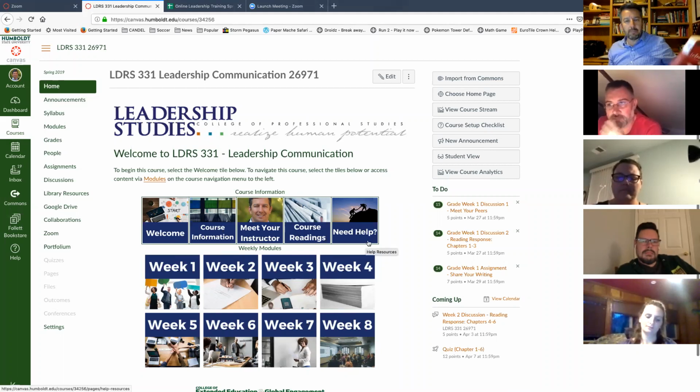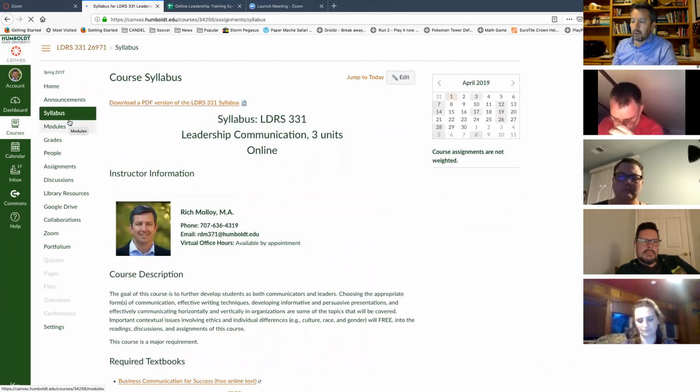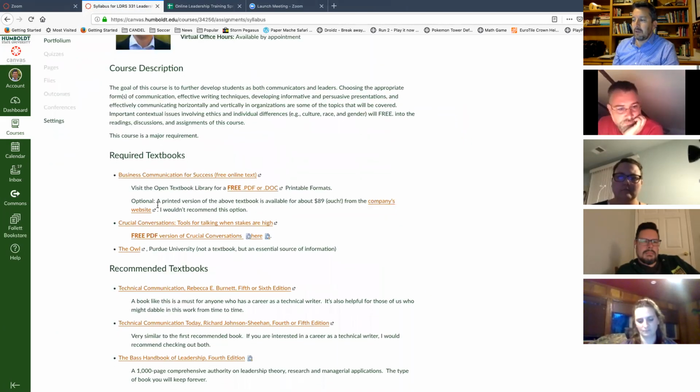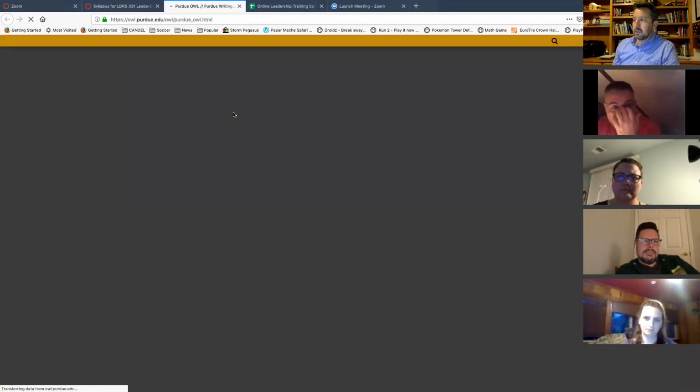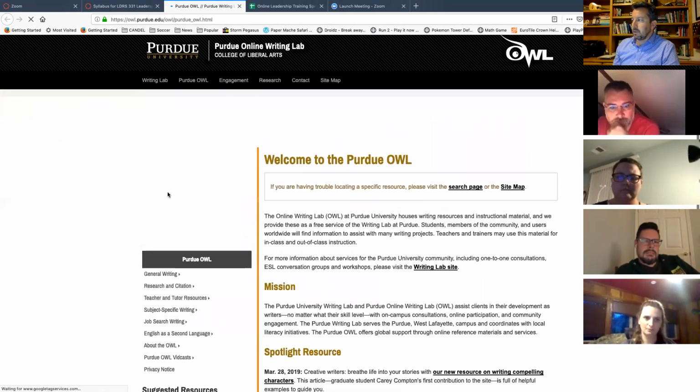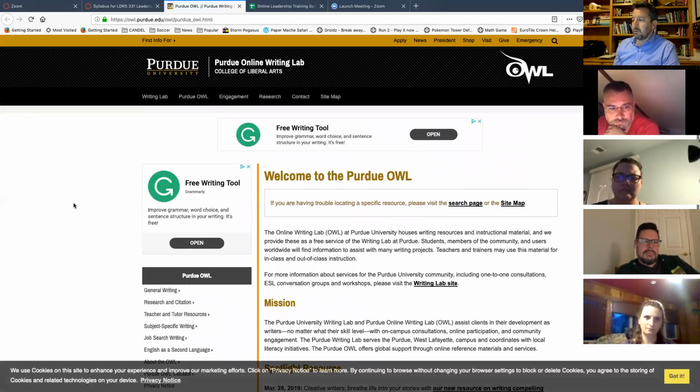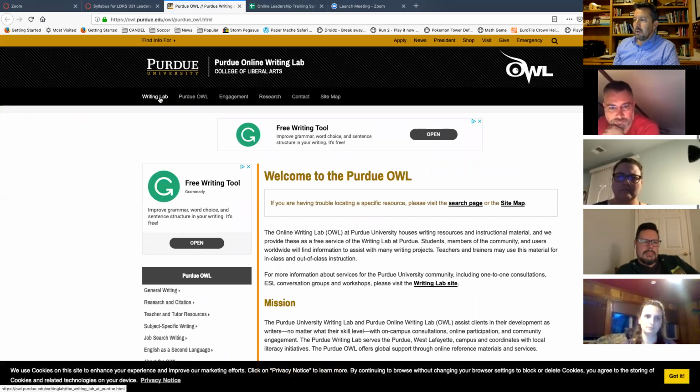I'm not going to make you buy this book because you don't need to anymore. Nowadays, you can go to the Purdue OWL, and they have all the style. They don't have the entire volume of the book, but they have enough that you can write a paper and figure out your citations. This is the Purdue OWL, Purdue University, the writing lab.